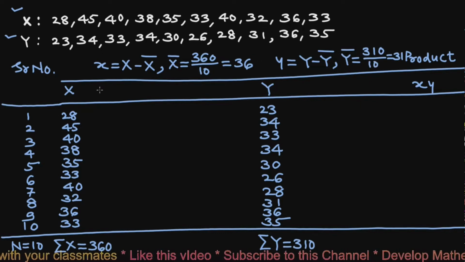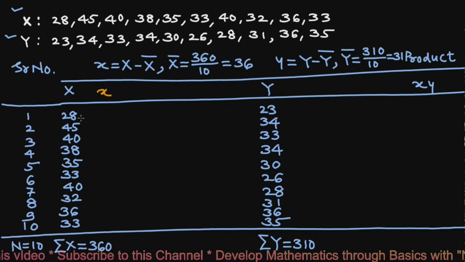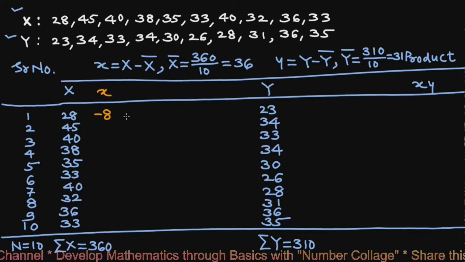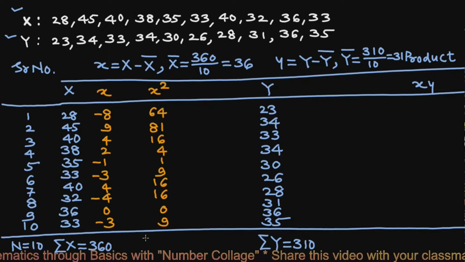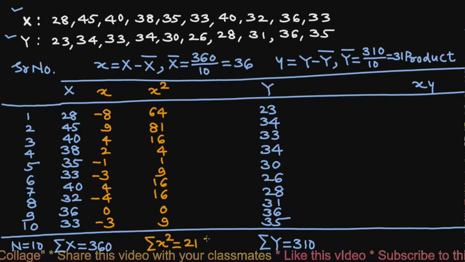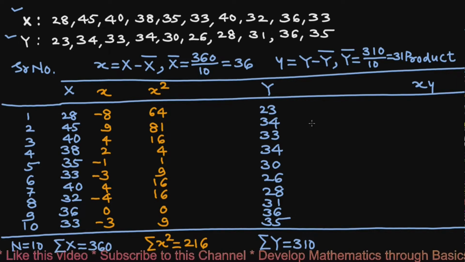Now we write the values of x from x minus x bar, that is 28 minus 36, minus 8. Similarly, values of x square will be 64, and summation of x square will be 216. From the values of y and y bar, we will find the values of y.